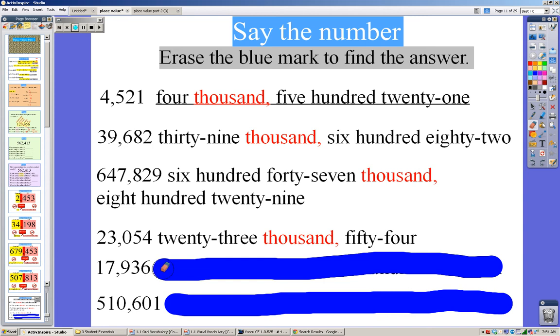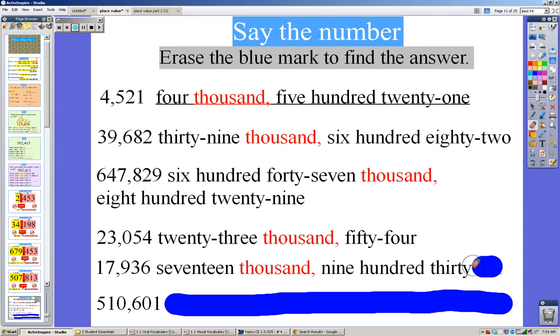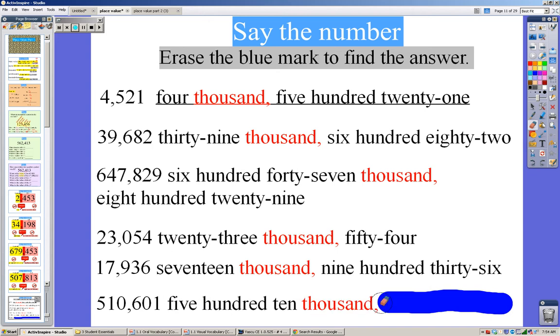Now, did you get it right? 17,936. All right, last one. Let's see if you can get this one. All right, let's check. 510,601. Good job, guys. I hope that you're getting the hang of this.